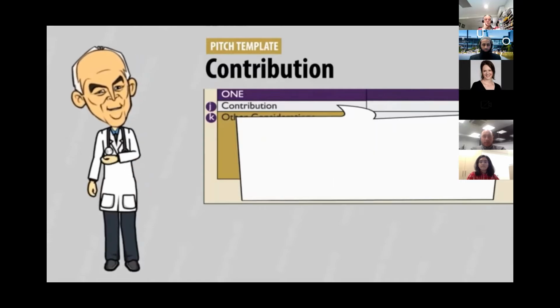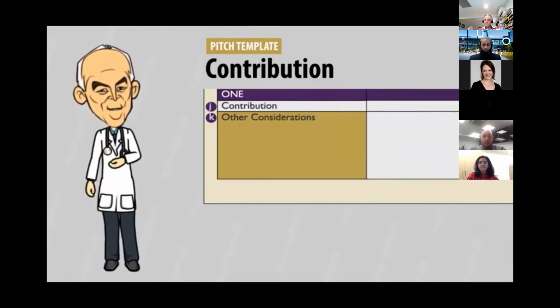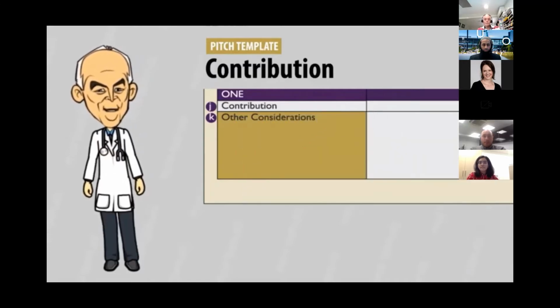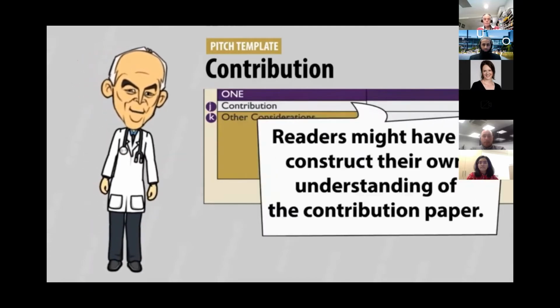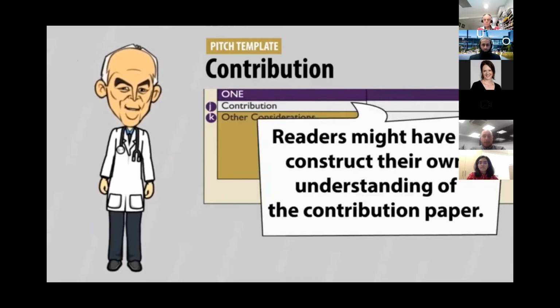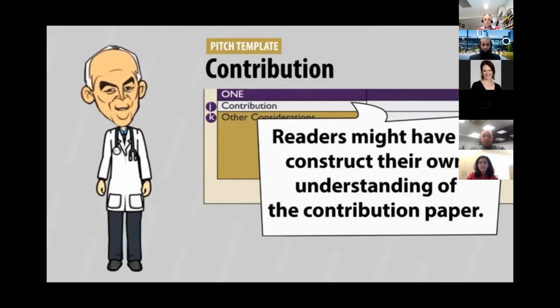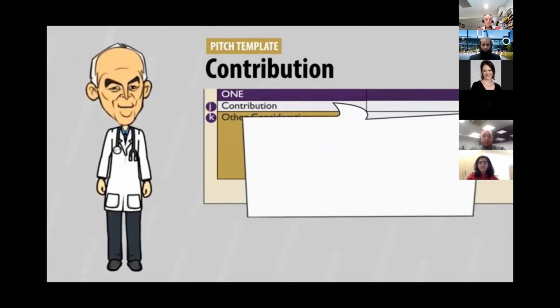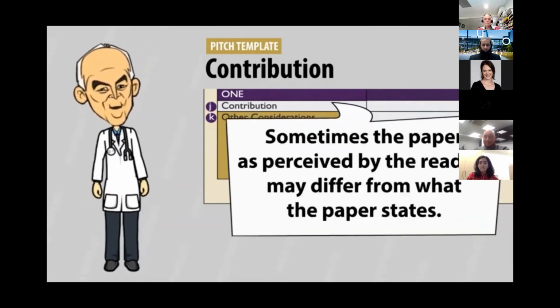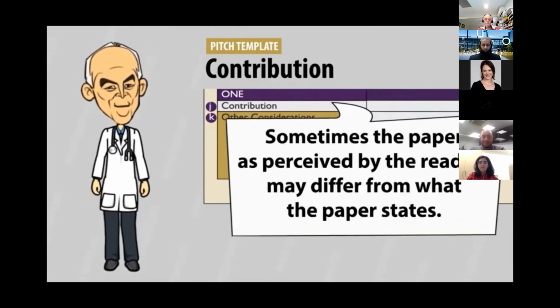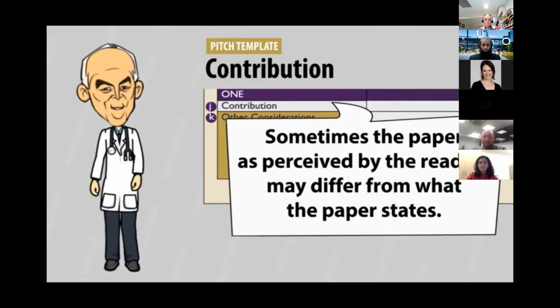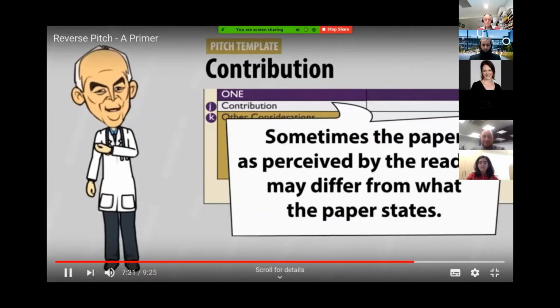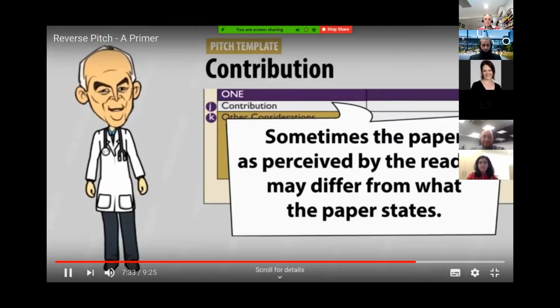Similar to the previous part about the impact and implication, i.e. relating to the so what question, readers might have to construct their own understanding of the contribution of a paper, even if the authors make a clear statement of contribution. Sometimes the contribution of a paper, as perceived by the reader, materially differs from what the paper being reviewed states in the introduction or conclusion section.